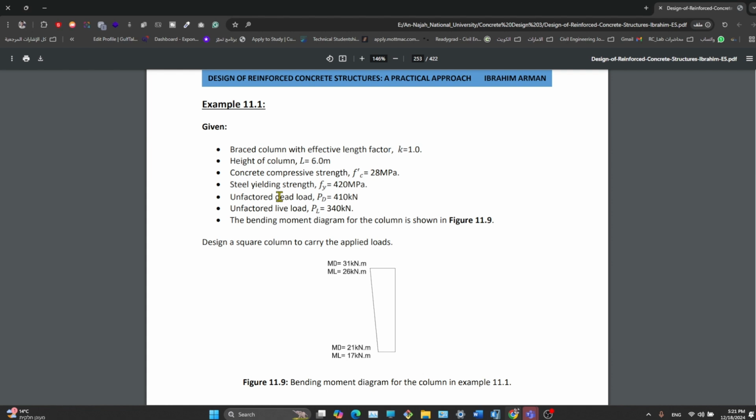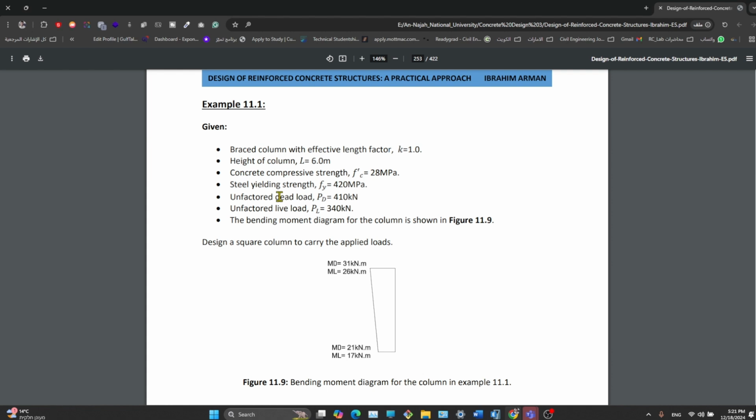These are the moments from the beam above, the beam that this column is carrying. The resulting negative moments, because normally there is negative moment at the ends of the beams that transfer to the column, right? Yes. Okay.